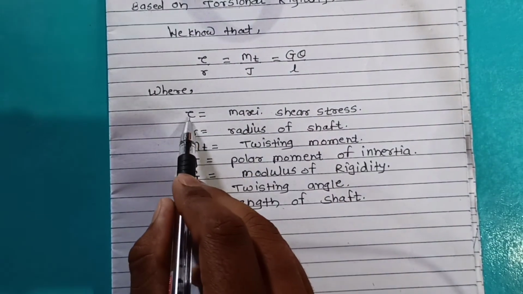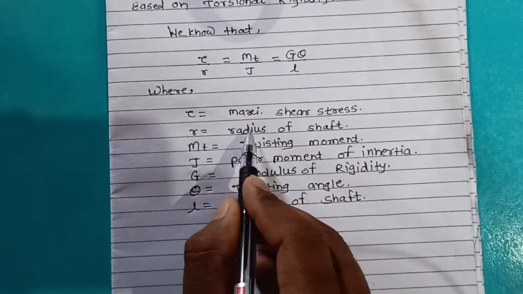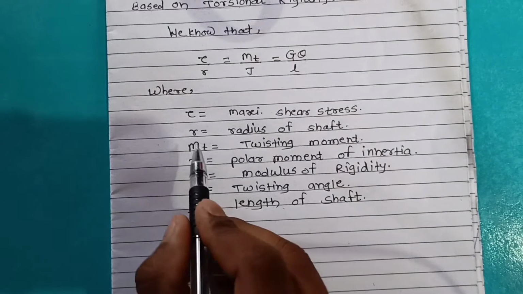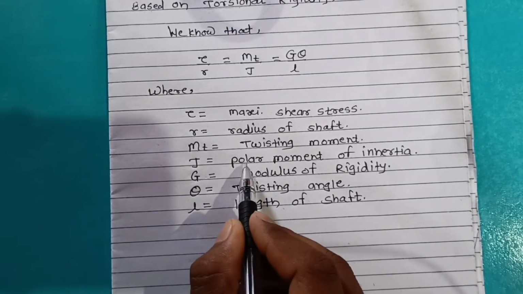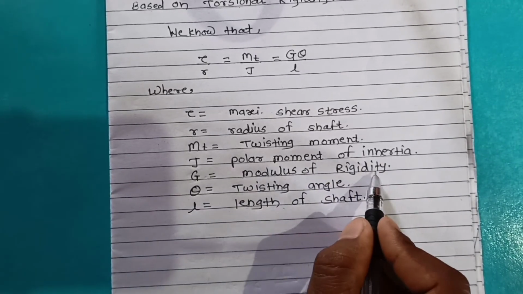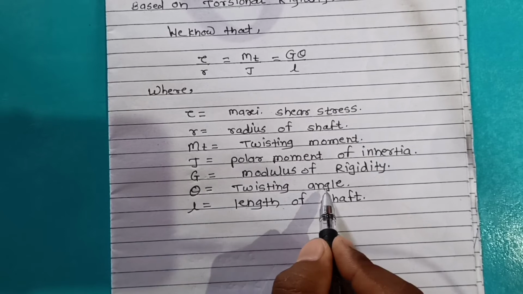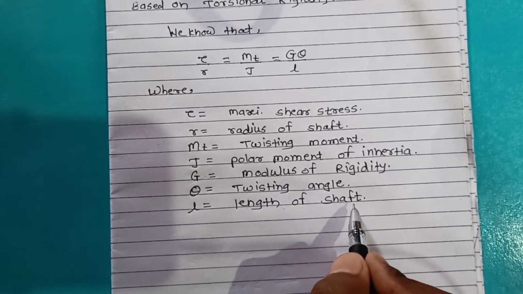Tau is the maximum shear stress, r is the radius of shaft, Mt is the twisting moment, J is the polar moment of inertia, G is the modulus of rigidity, theta is the angle of twist, and L is the length of shaft.